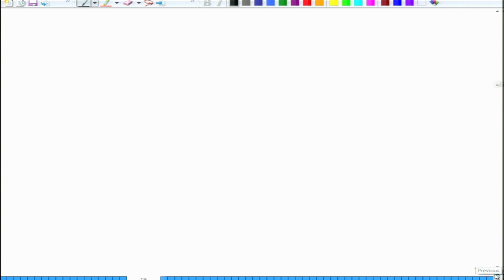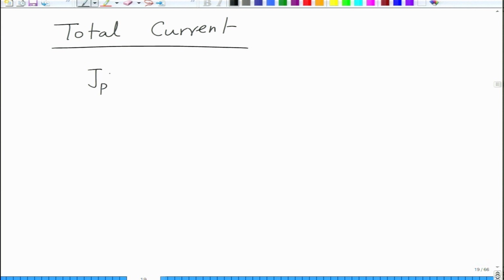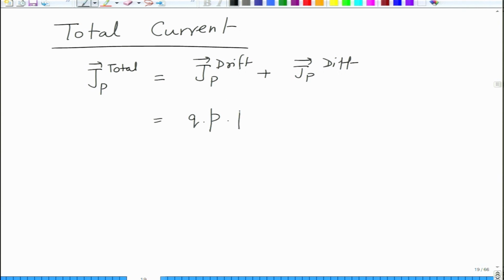So, the total current now: Jp total is equal to Jp drift plus Jp diffusion, and this is basically equal to q, where I replace nh by p, into mu p into E. Remember that.